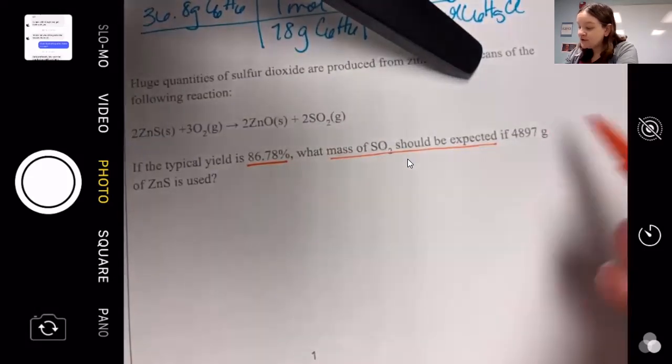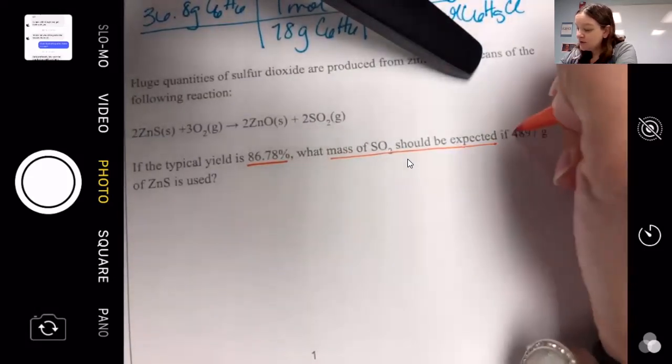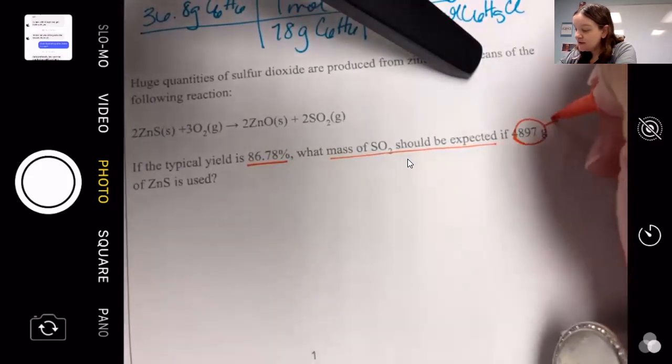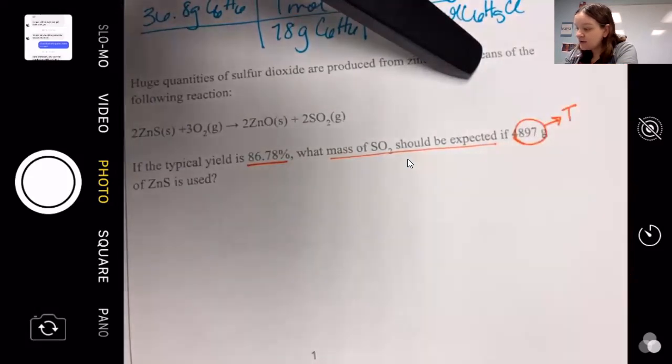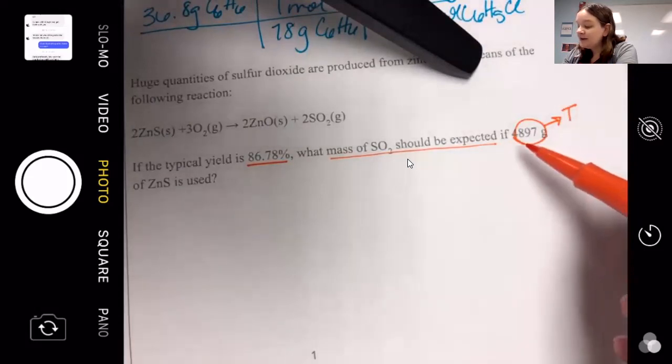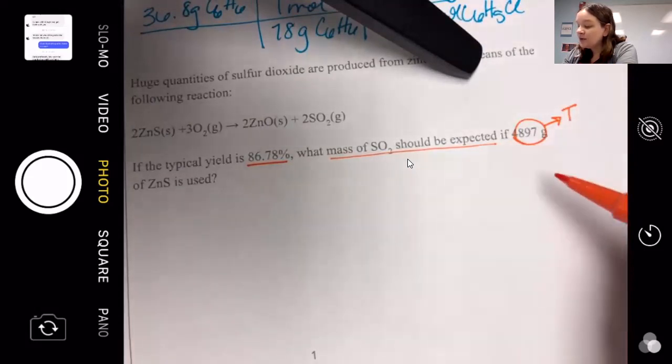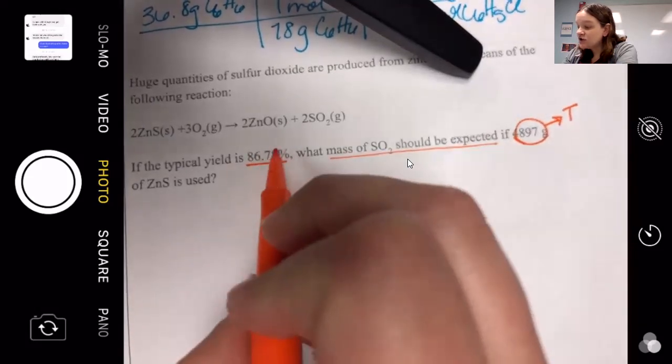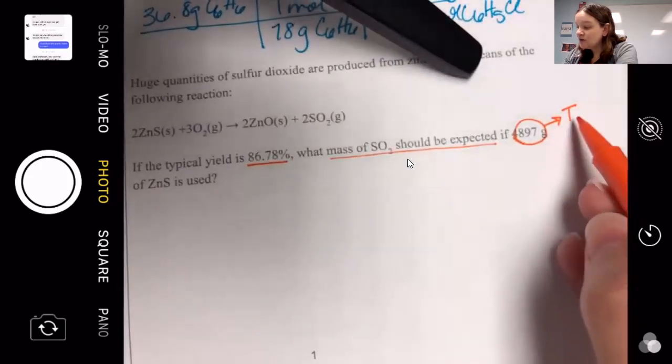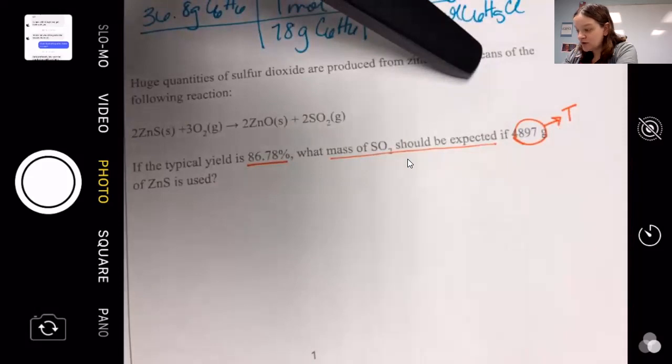Okay, so I'm going to use this to calculate my theoretical yield. And then I will use the percentage yield and my theoretical yield to figure out the actual yield.